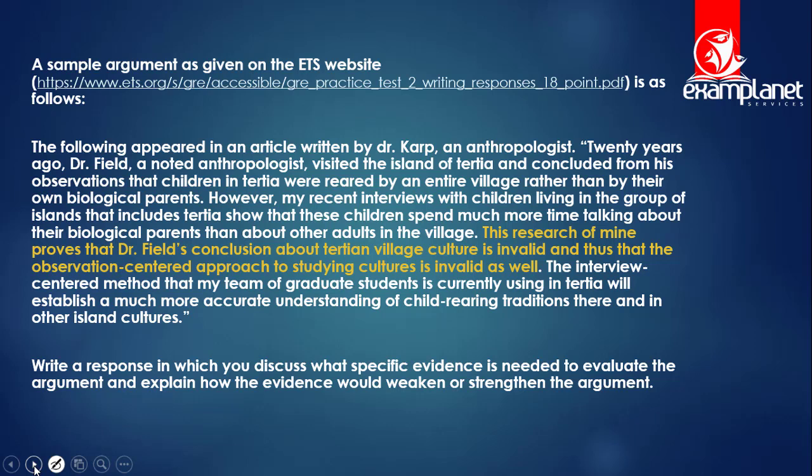Pay attention to what you have there in gold. You need to go through it yourself. Okay? Pay attention to what you have in gold, because it gives you an indication of what the main claim would be. All right, so when you know the main claim, you can be on your way to writing your essay.